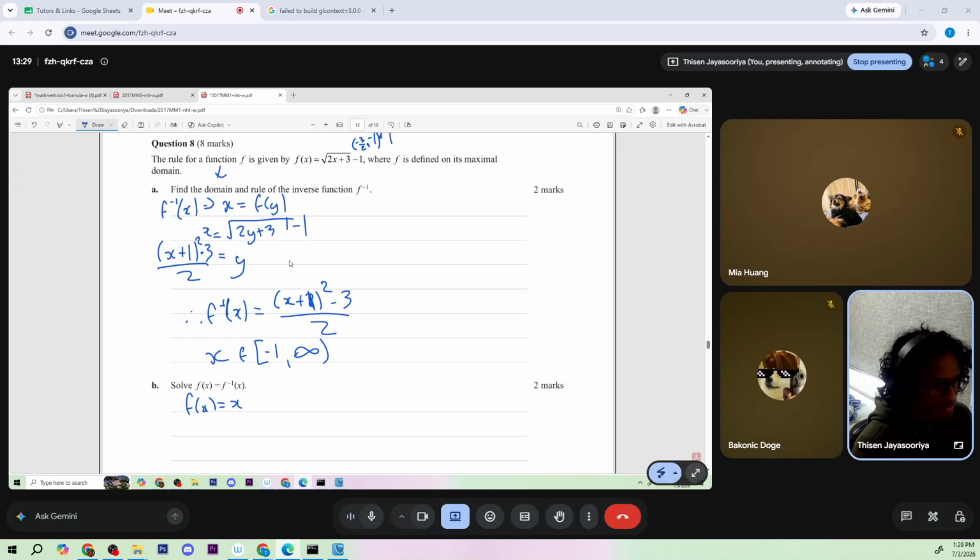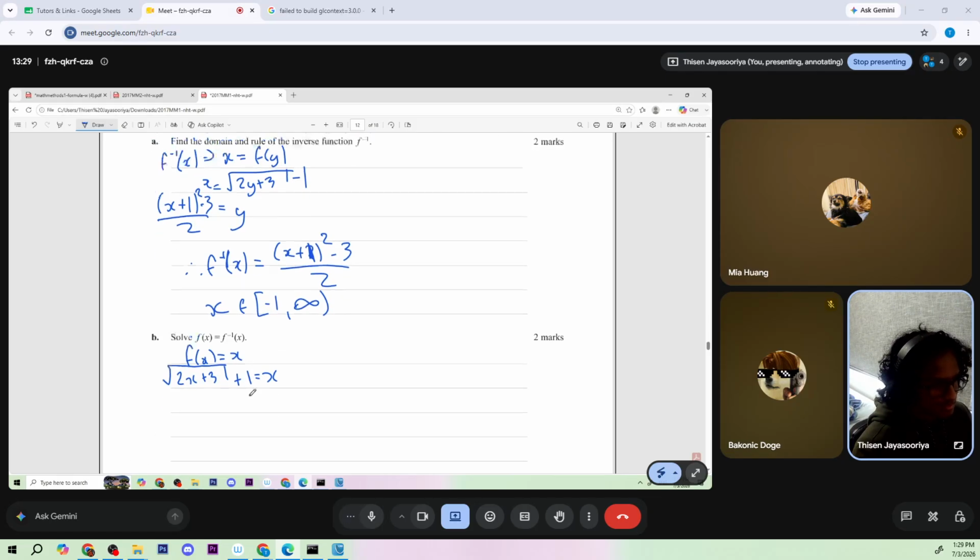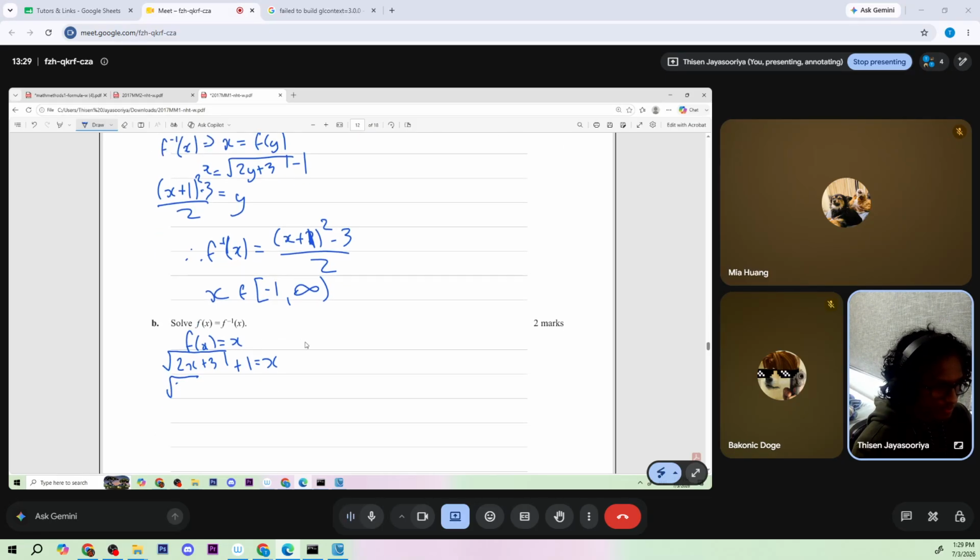So what I can do here is the square root of 2x plus 3, plus 1, equals x, which means the square root of 2x plus 3 equals x take away 1. I can square both sides, so I get 2x plus 3 equals (x take away 1) squared.